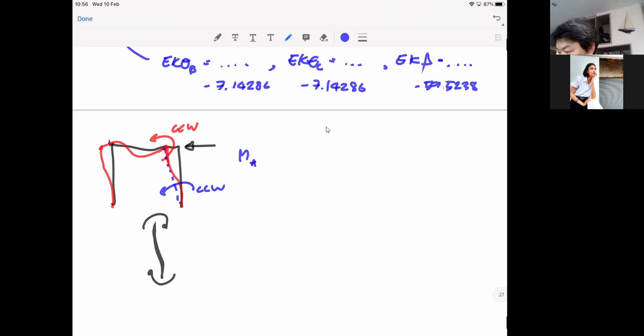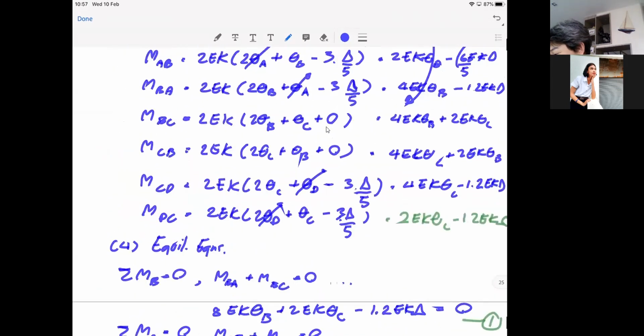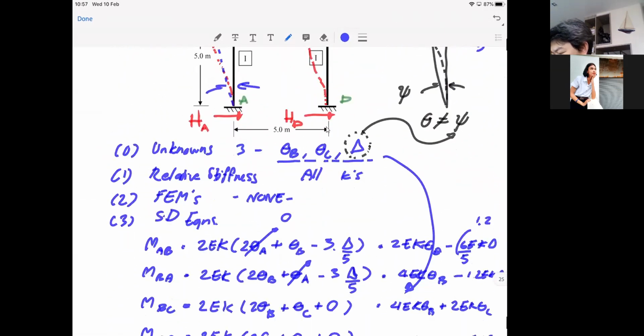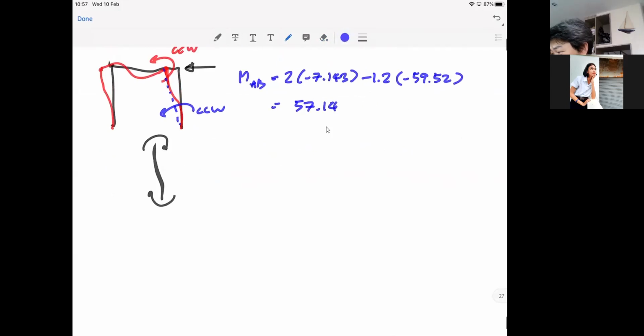MAB is equal to 2 times minus 7.143 minus 1.2 times minus 59.52. I get my MAB equal to 57.14. What's the unit? Kilonewton meter.